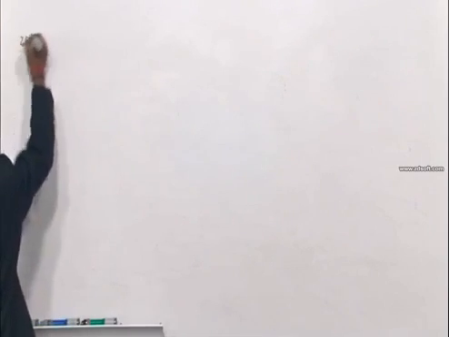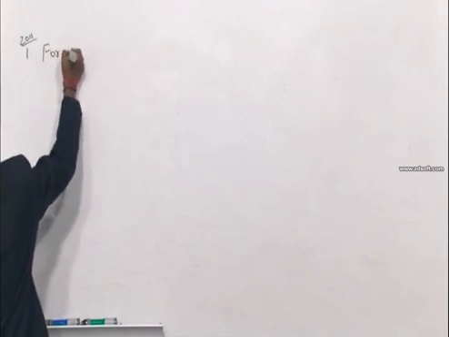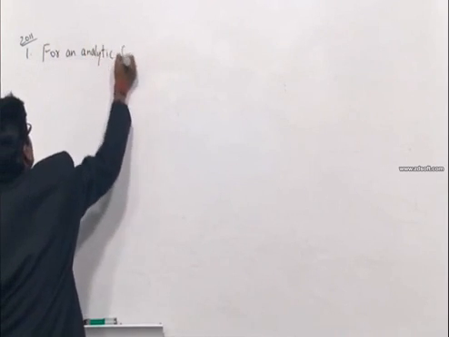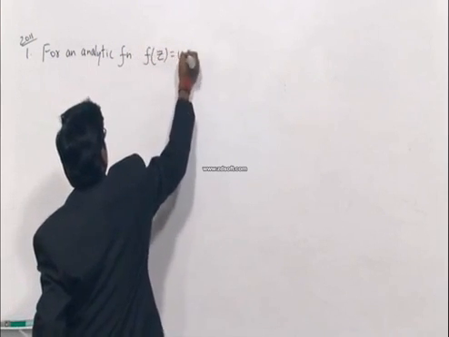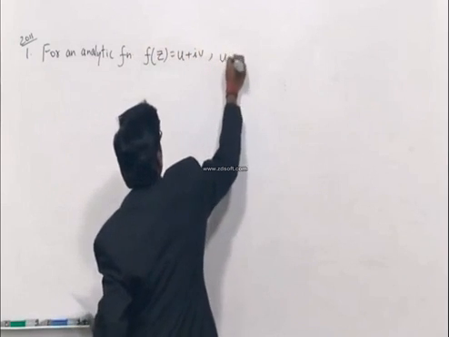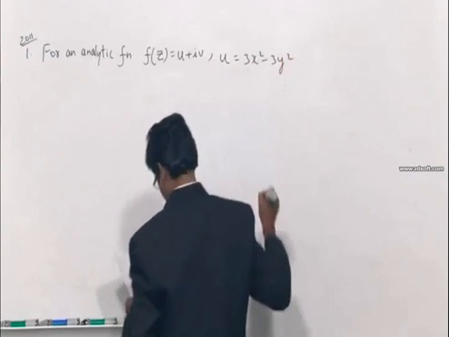2011. For an analytic function f of z is equal to u plus iv, u is equal to 3x square minus 3y square.